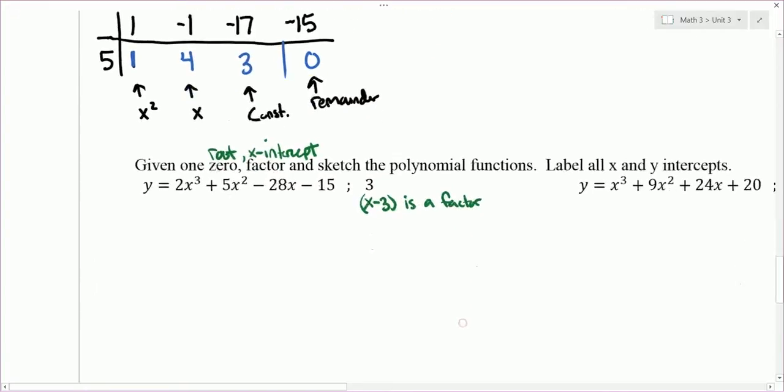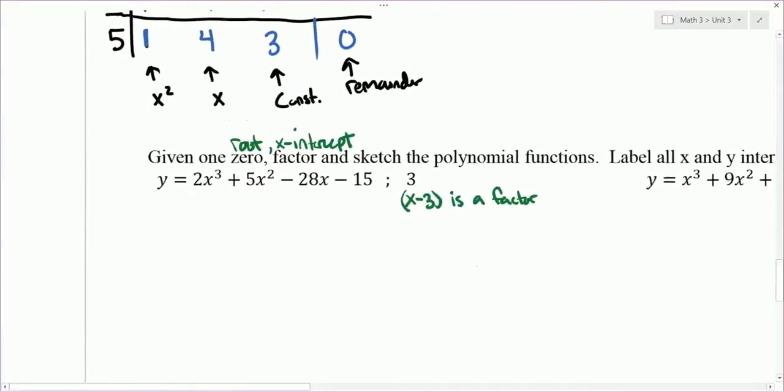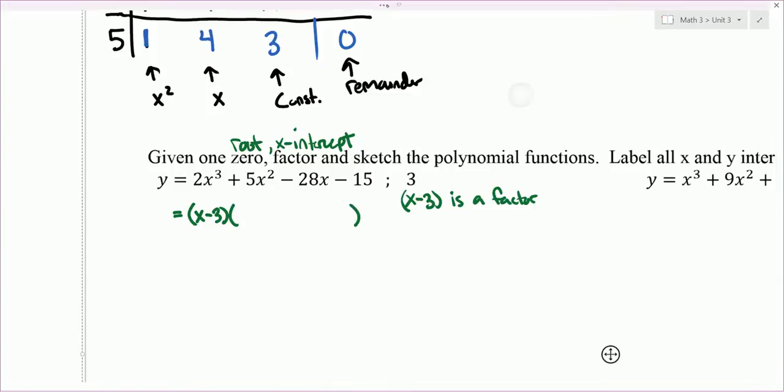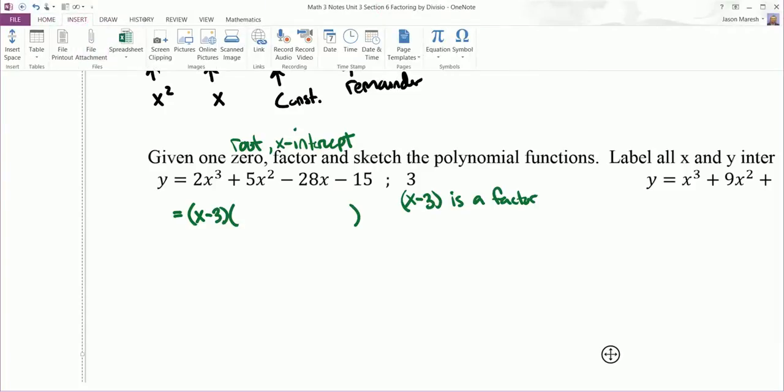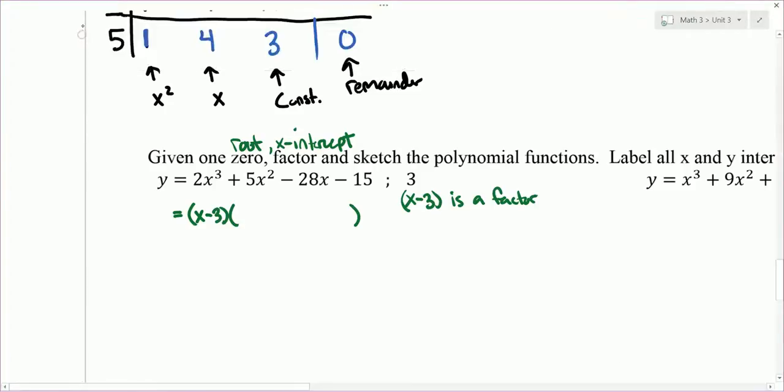So when we're factoring this, we know this is equal to x minus 3 times something. And like we did in the previous two examples, we can use synthetic division. So set up a synthetic division table.